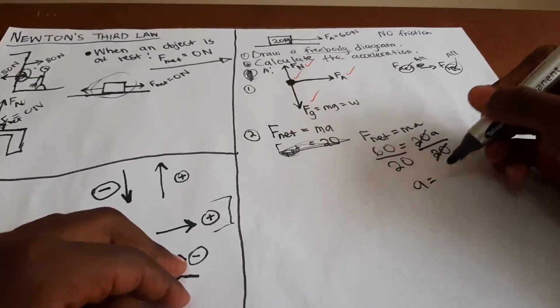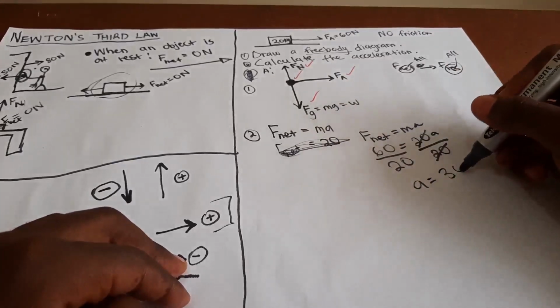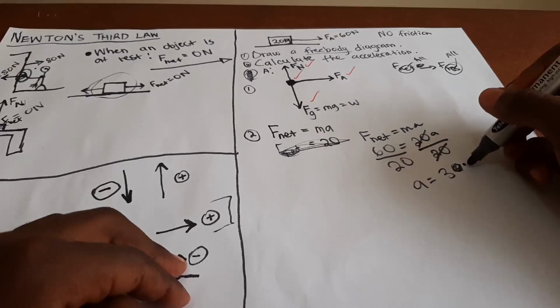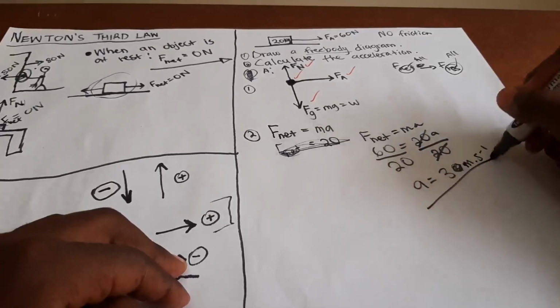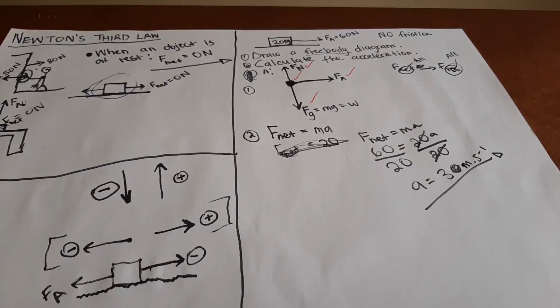So our acceleration is equal to 60 divided by 20, this becomes 3 meters per second. I should have used my calculator, guys. So always use the calculator.